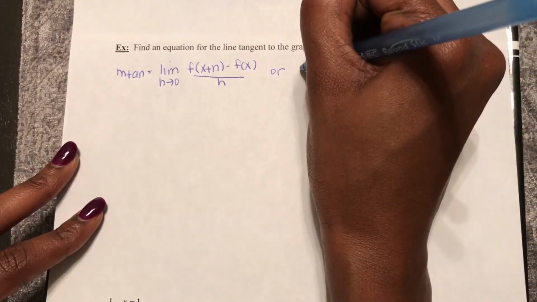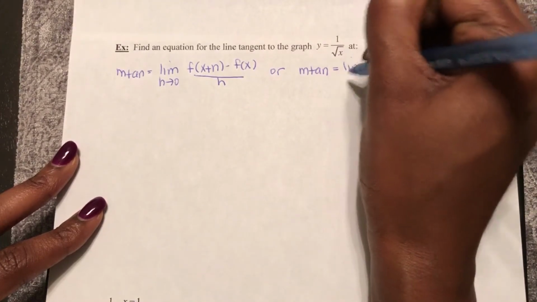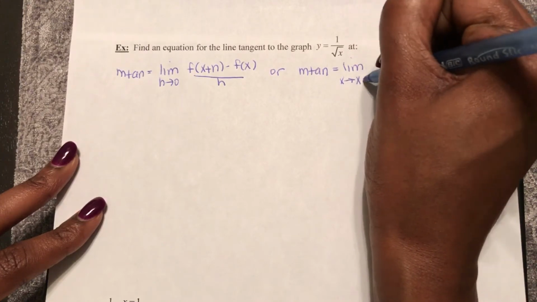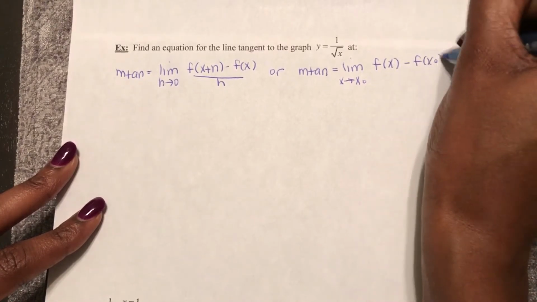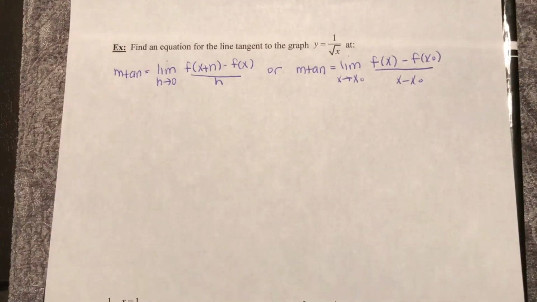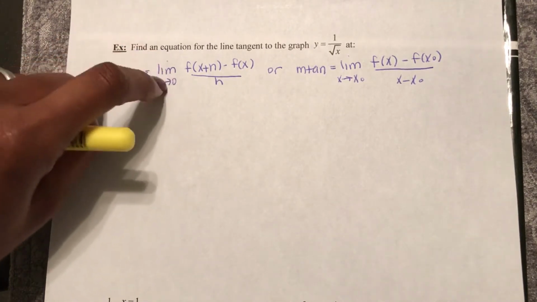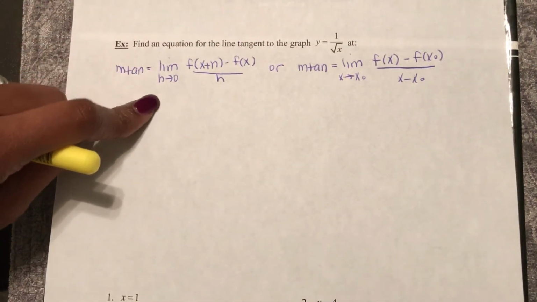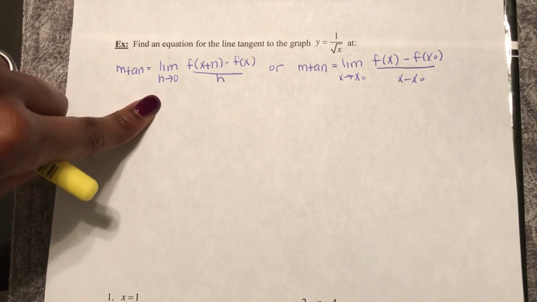Or the slope of the tangent line equals the limit as x approaches x naught of f of x minus f of x naught all over x minus x naught. So for this problem, I'm going to use this one. You could also use this, but honestly, this is the most commonly used form for the general form of a slope of a tangent line.